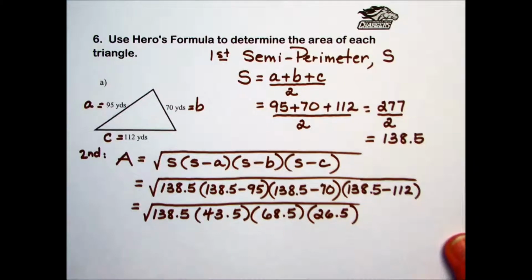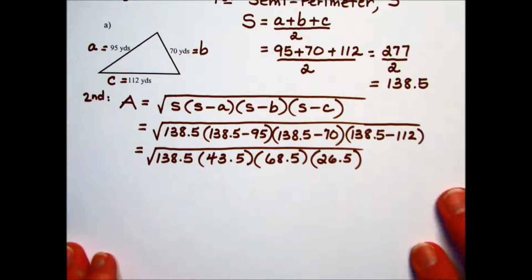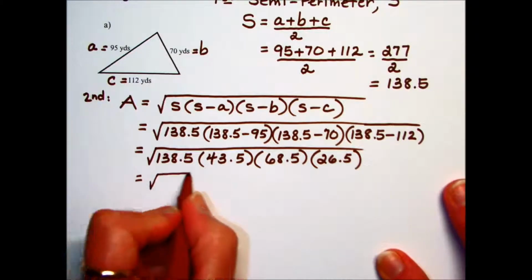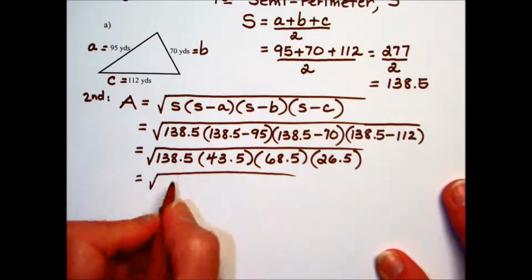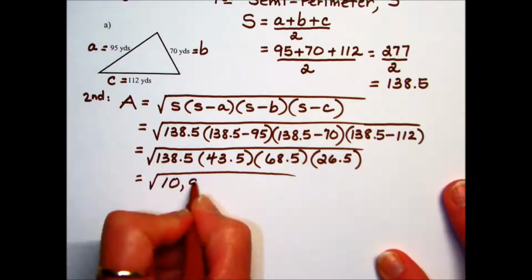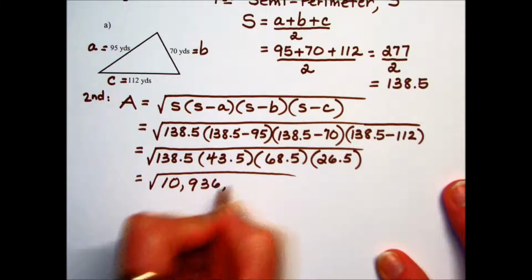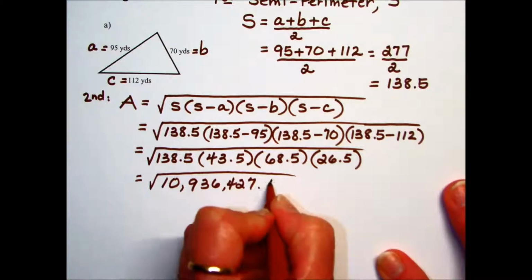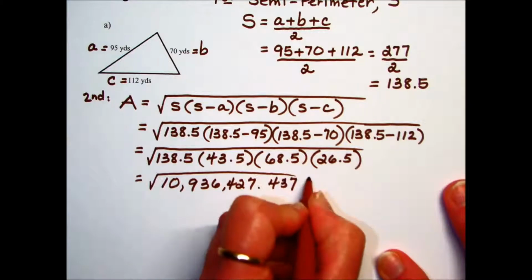Next, we have 4 values multiplied together underneath the radical. We will want to multiply those together. That results in 10,936,427.435.